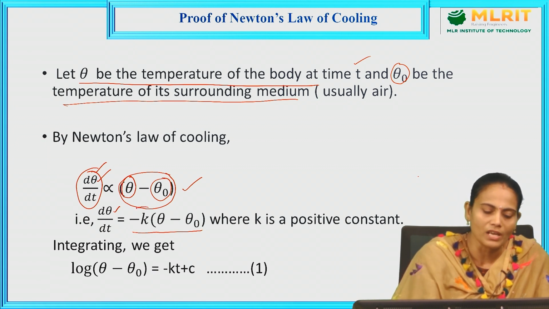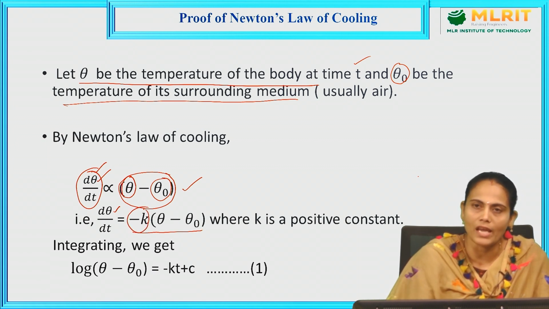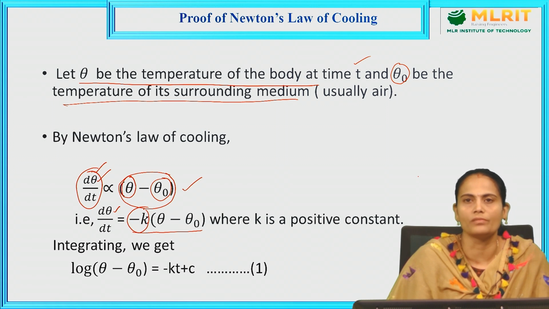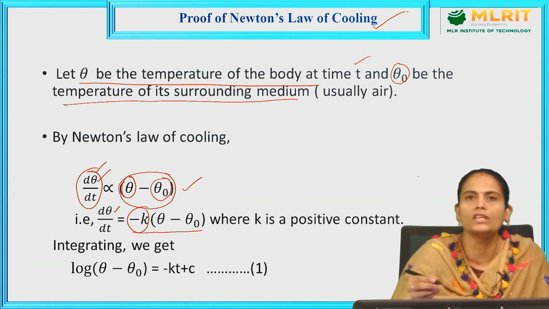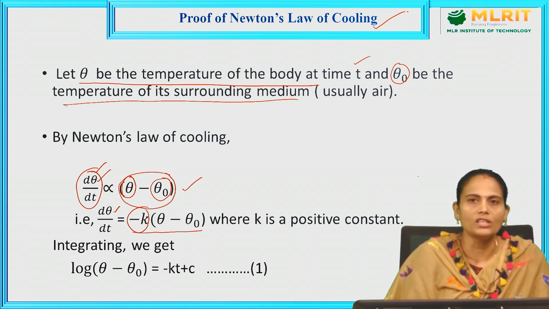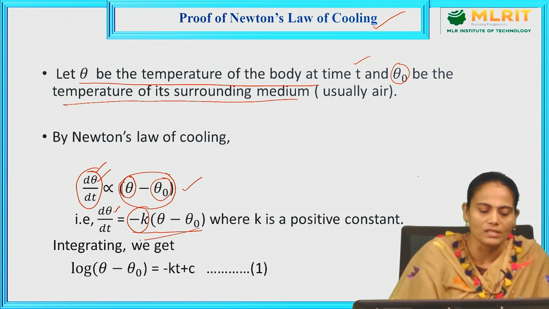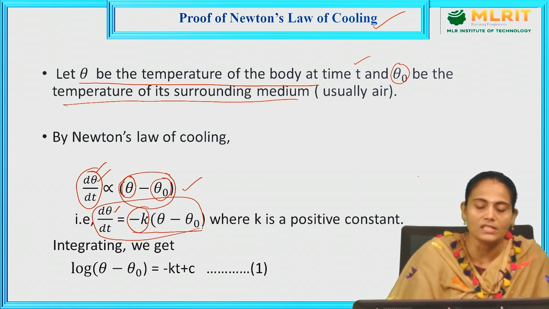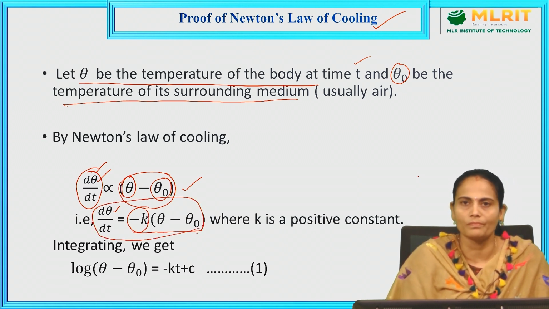Why are we taking minus k as the proportionality constant? Since we are discussing only cooling cases, we take the proportionality constant as minus k. Now this is a first order first degree differential equation.